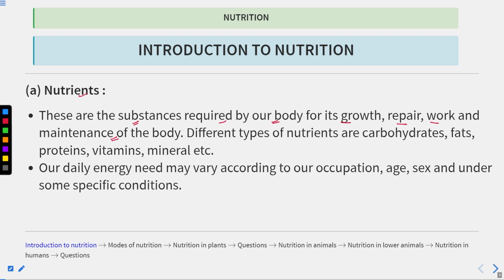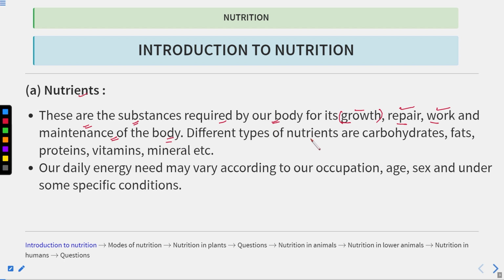So what is the role of these nutrients? They help the living organism to grow, repair the cells, and work of the cells, as well as the maintenance of the body parts. So this is the role of the nutrients.